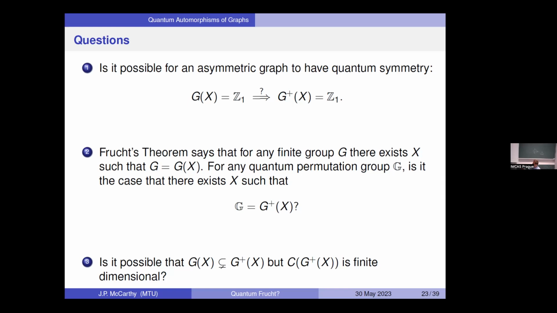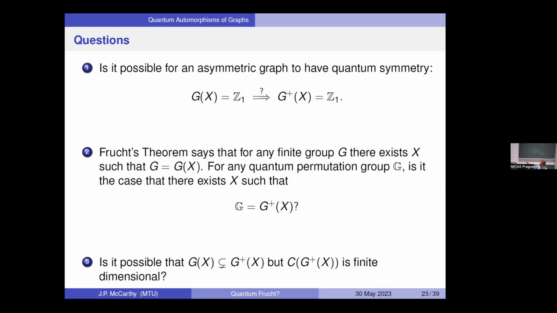And in 1939, Frucht, I think was born in Brno. Is that pronounced Brno? Brno, yeah. Any finite group is the automorphism group of a graph. So you can say every finite group is a group of symmetries of some object. And then the question that arose for me: does the same hold for quantum permutation groups? For any quantum permutation group, is it the quantum automorphism group of a graph?